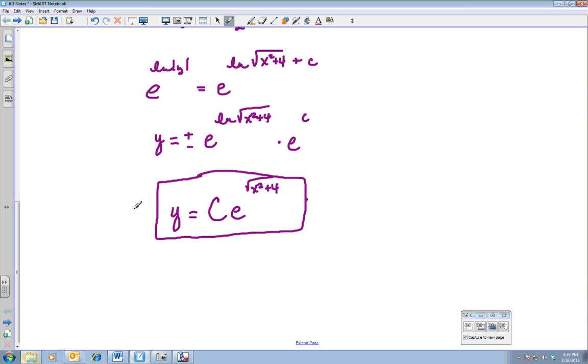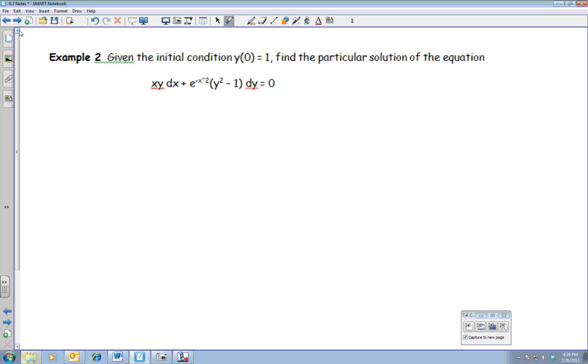Okay, let's look at example 2. Given the initial condition, y of 0 equals 1, find the particular solution of the equation. So first of all, we have to separate and then integrate. Okay, the good thing is dx and dy is not in the bottom.